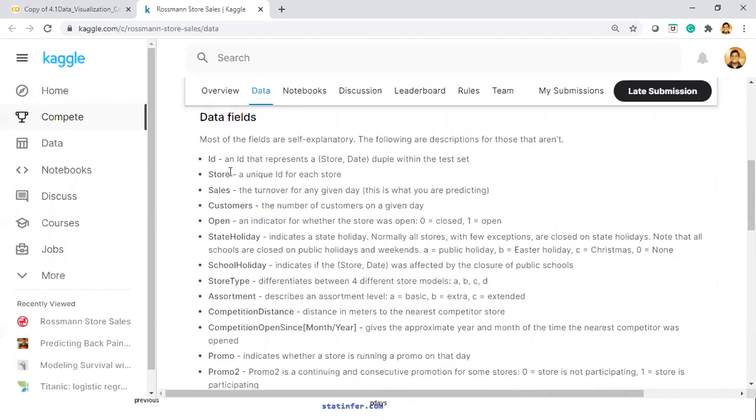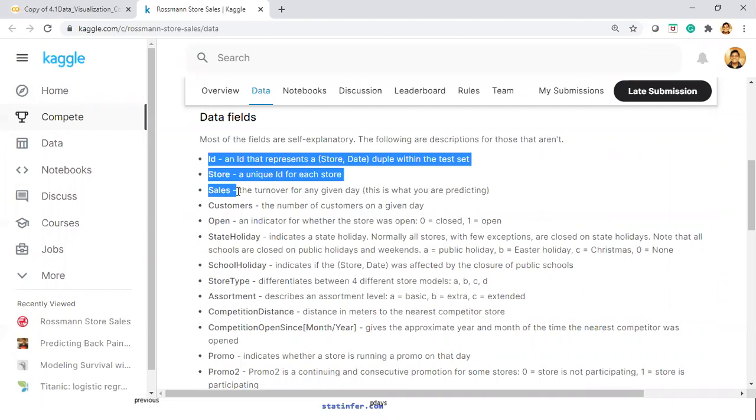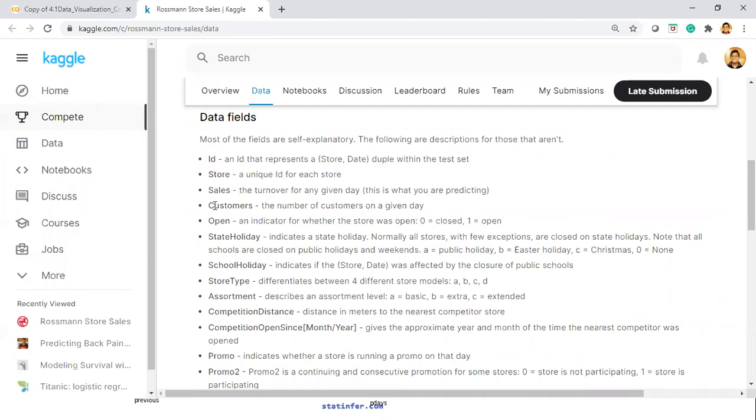Okay. So the columns are quite common. You have store ID, store sales on a particular day, number of customers that have appeared on that particular day, what is the sales, the turnover on any given day, whether the store was open or not on a given day, whether it was a state holiday or not, whether it is a school holiday or not, what is the store type. There are different store types, A, B, C, D. Maybe like in a mall you have a mega store and a small store.